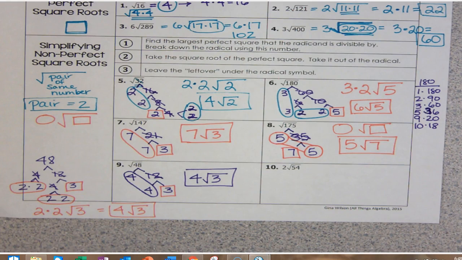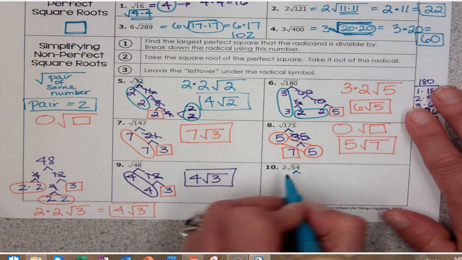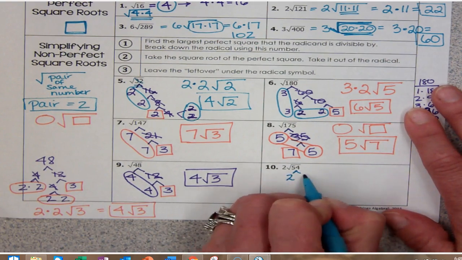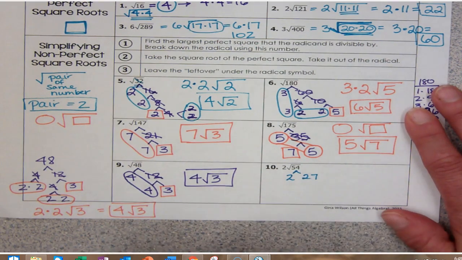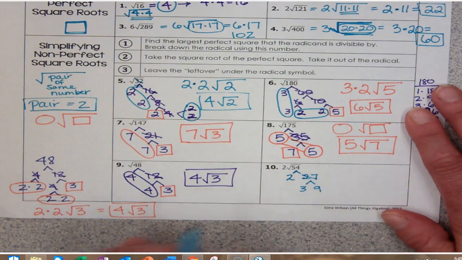All right, what about this last one? 54. I know that 2 can go in there, 2 and 27. What else is going to go in there? Well, 3 times 9. I have no pairs.